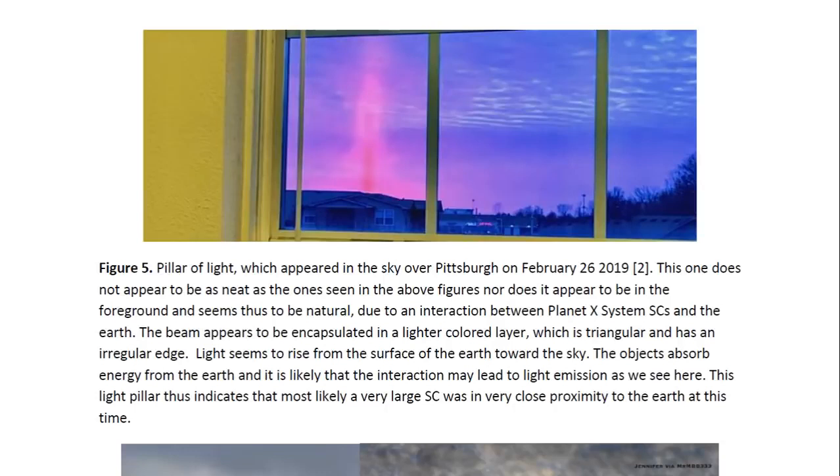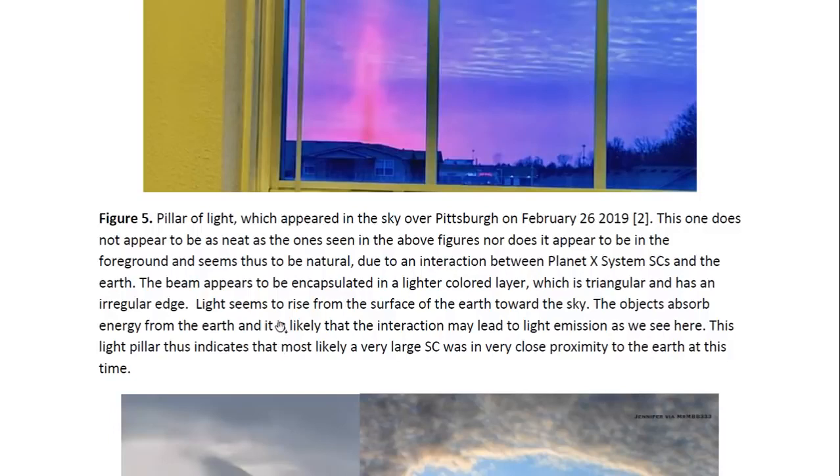So this appears to be a naturally produced phenomenon. And so this beam appears to be, as I said, encapsulated in a lighter colored layer, which is triangular towards the bottom. And light seems to rise from the surface of the Earth toward the sky. So that's what it looks like. It's a pillar rising up from the Earth towards the sky.